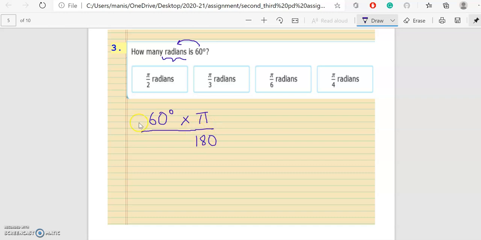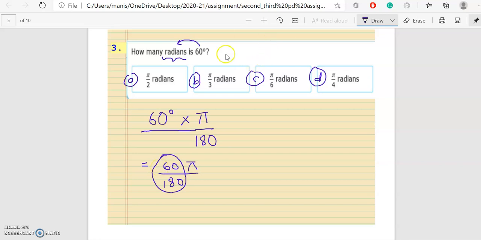So I will do it like this. Now keep in mind these are choices. They want you to find whether it is the A choice, or the B choice, which is the correct answer, the C choice or the D one. So it will look like this to you, 60 over 180, and this is your pi already at the top. I have to divide this. Now as you see over here they are giving you the answer in fractions. So keep in mind you will use your calculator to divide this.